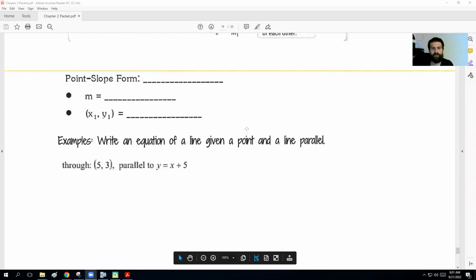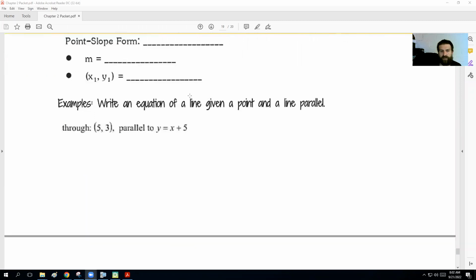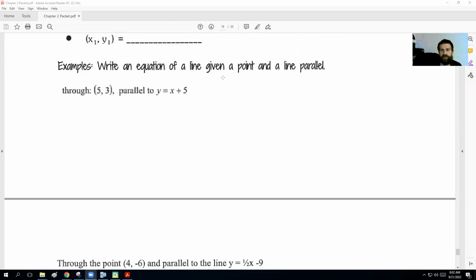All right, so remember, we have point slope, but let's just do y equals mx plus b here. We're going to find the equation of a line. So let's write this here and go through this problem. If we have a point here at (5, 3), and it's parallel to this, remember we need to find two things, our m and our b.